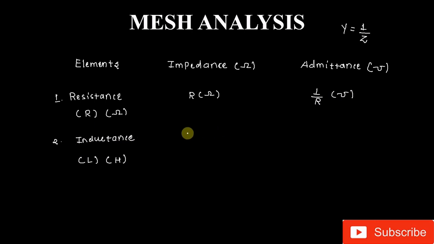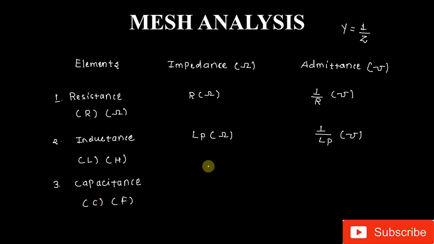Its impedance value is LP, measured in ohms, whereas its admittance value will be 1 upon LP, measured in mho. The third and last one is the capacitance, with symbol C, measured in farad.